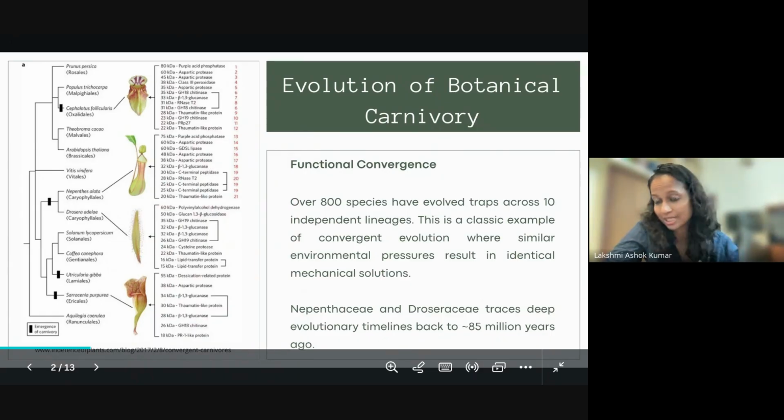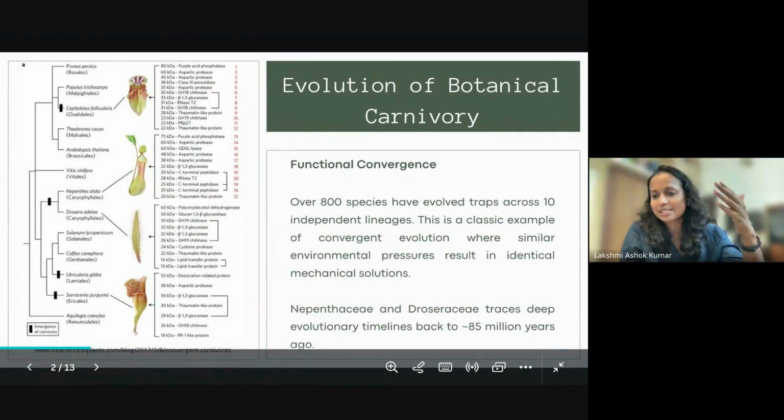So what has come out of studies is that they all contain a particular enzyme which is responsible for digesting chitin. That means the exoskeleton of the insects; the main ingredient of the exoskeleton is chitin.